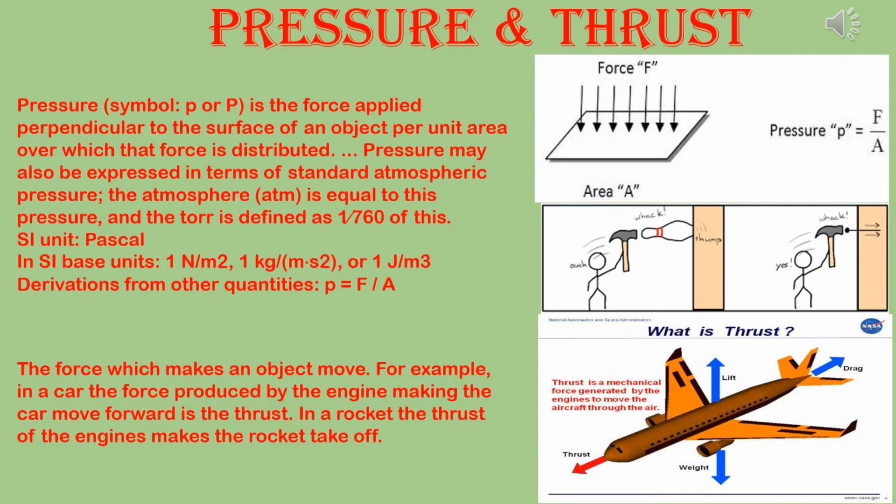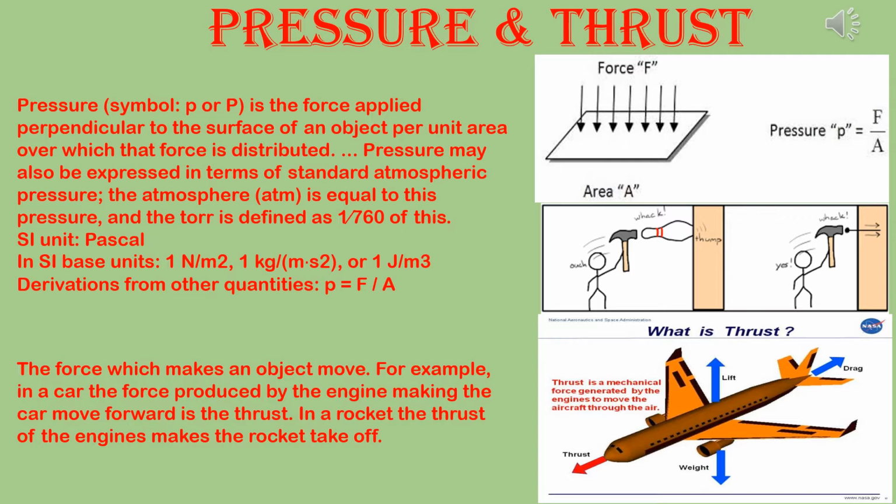Thus, thrust is equal to pressure into area. Pressure is a scalar quantity as it has no directional property, while thrust is a vector quantity. So this is the basic difference between pressure and thrust.